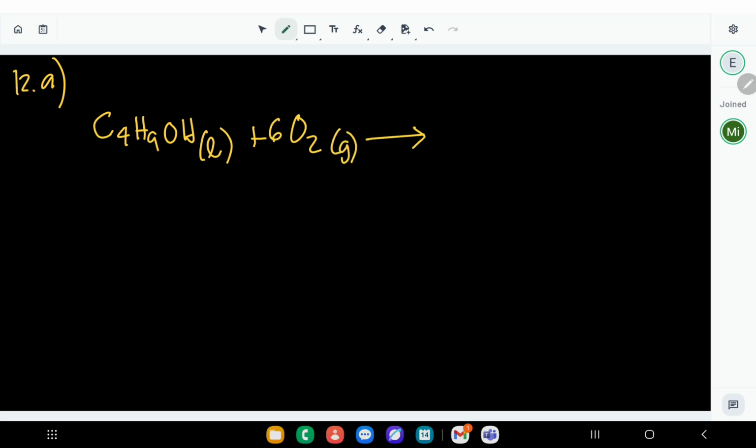Okay, what's this? Butanol completely burns in oxygen. So we have butanol, C4H9OH, and then oxygen produces carbon dioxide and water.